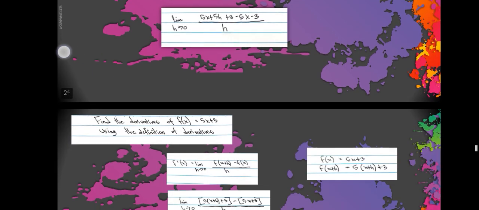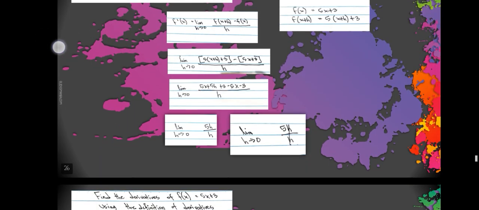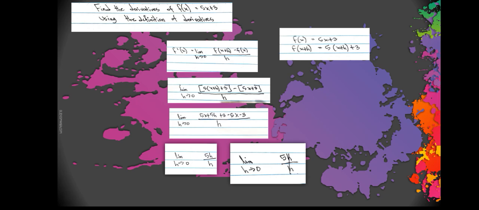And we will be left with 5h all over h as h approaches 0. Now, kapag sinubstitute natin si 0 sa h, magiging undefined yung function. However, since pwede natin makancel yung h, it will be equal to 5.